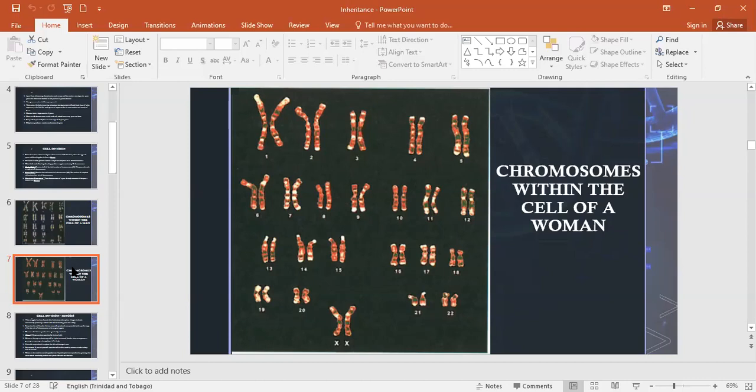No, that's haploid. But when we're talking about chromosomes, what do we mean by homologous? All the chromosomes that you see in front of you on the screen here, those are homologous pairs. So what do we mean by a homologous pair?